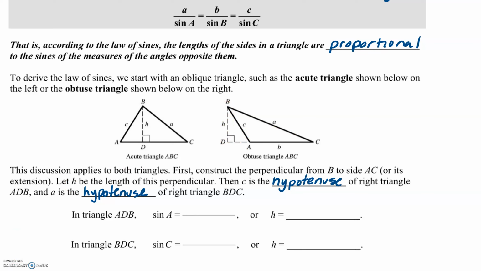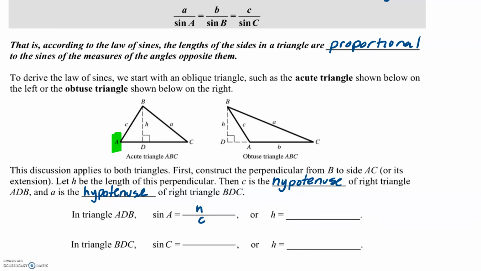So let's look at triangle ADB. The sine of A is the opposite, which is h, over the hypotenuse, which is c.